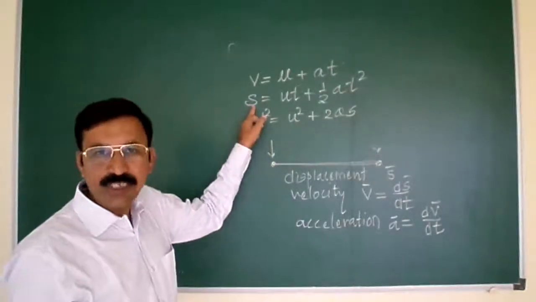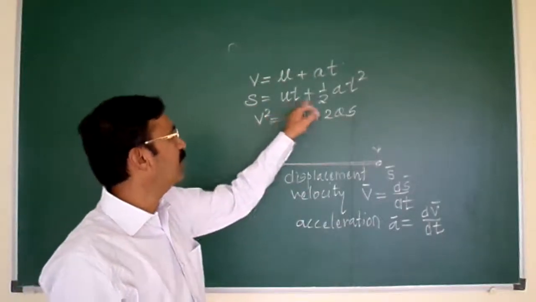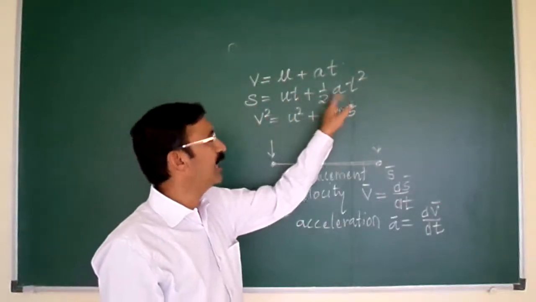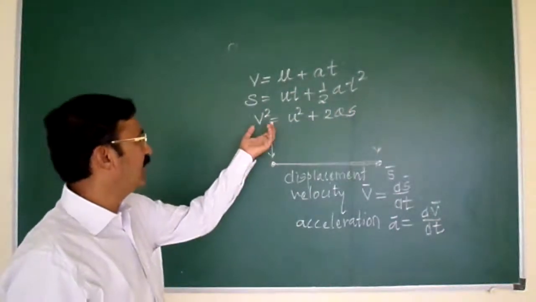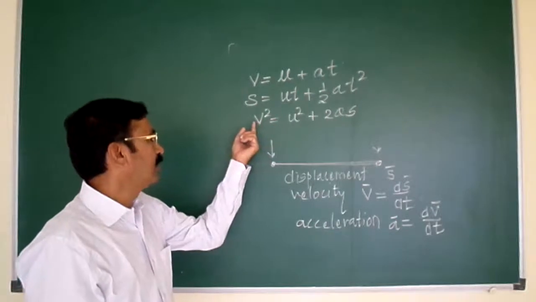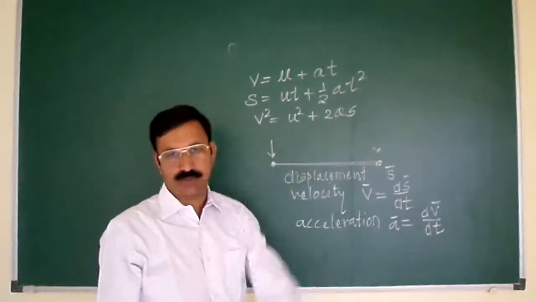S is the displacement of the body, when U is the initial velocity, t is the time required, and A is the acceleration. And so this gives the relationship between the final velocity, initial velocity, acceleration, and displacement.